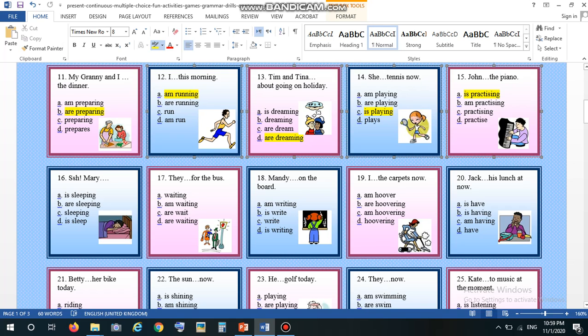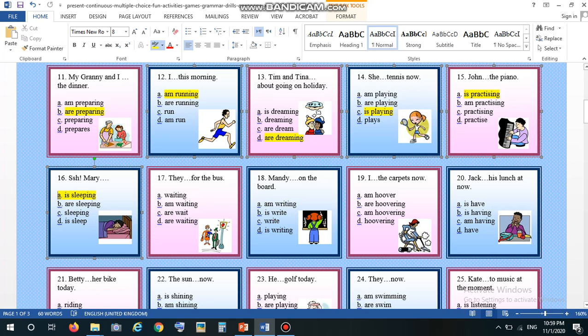Okay. Shh. Mary. Mary is sleeping or sleep. So Mary is sleeping. Excellent. So this is the last one, and the rest you are going to answer as homework in your copybook. They for the bus.